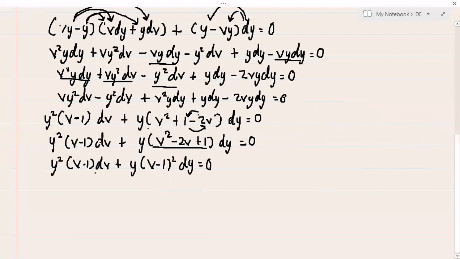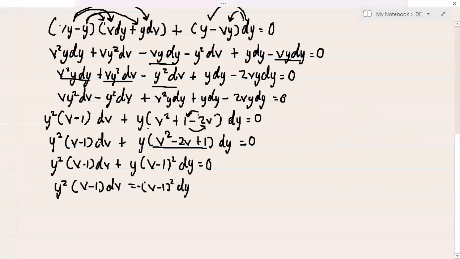What we will do is choose which one of the letters, to be specific dv or dy, you will put on the right side. So for me, I will put dy on the right side. So what will happen here is we will have y squared times v minus 1 dv plus, I have plus, is equal to the square of v minus 1 times dy.